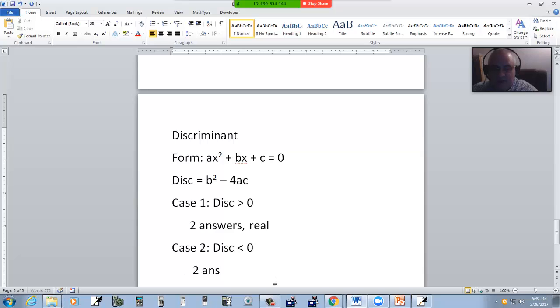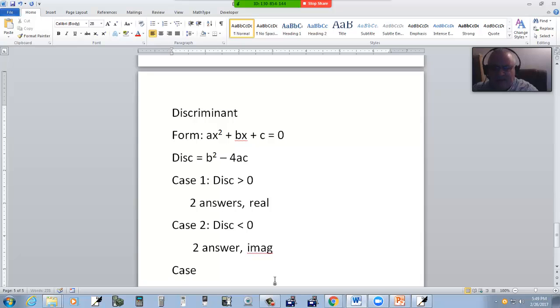That means you're going to have 2 answers, and you'll have an imaginary part. Some books mistakenly state that you're going to have 2 complex numbers. That's not technically correct, because every real number is a complex number. To say the number 3, that is a complex number, even though it doesn't have an i. The important part there is you're going to have an imaginary part.